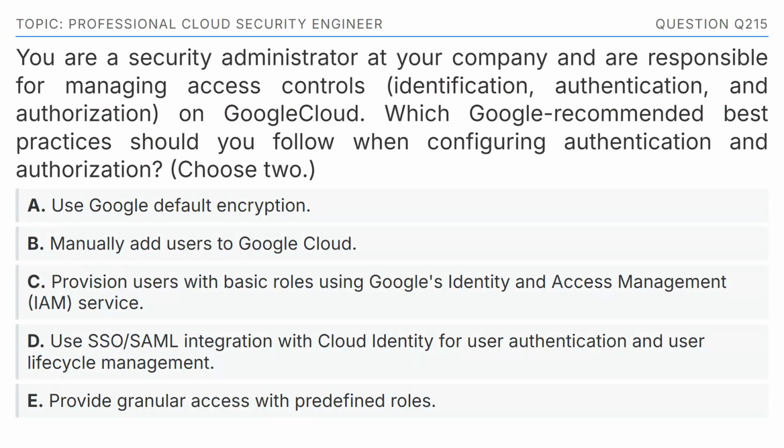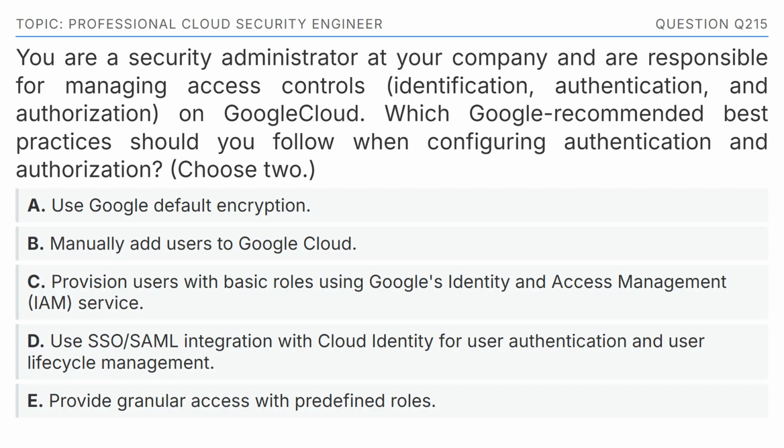You are a security administrator at your company and are responsible for managing access controls, identification, authentication, and authorization on Google Cloud. Which Google recommended best practices should you follow when configuring authentication and authorization? Choose 2. The options are: Option A, use Google default encryption.